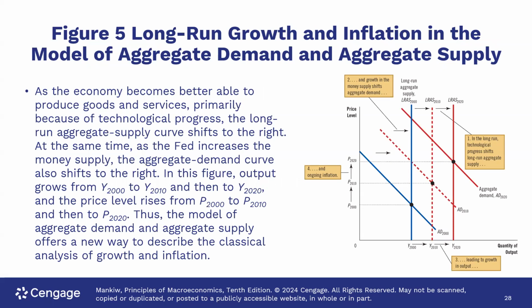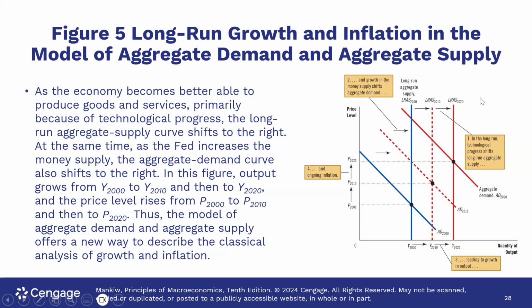So in this graph, we can illustrate the impact of those two events that we talked about in the previous slide. First is a technological advance. It leads to an increase of the long run aggregate supply.